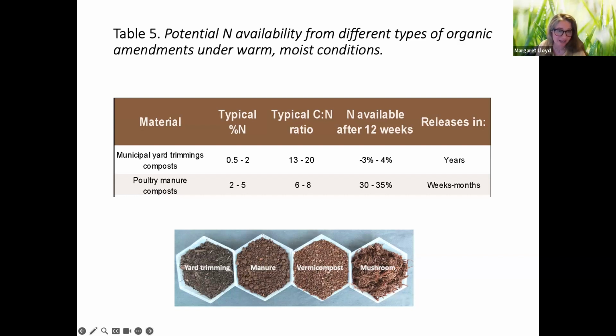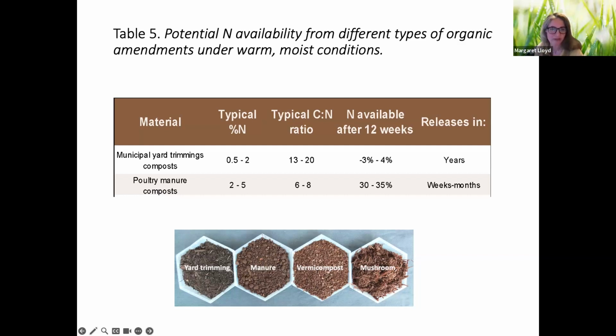It could have a negative 3%, which means it's immobilizing nitrogen. So it's taking nitrogen that's available in the soil and using it to break down the carbon that's in that compost. And in some cases, there was a little bit of nitrogen release, but very small amounts. And so this material we tend to think of as contributing nitrogen in the long term, over years, as opposed to a season or in the short term.